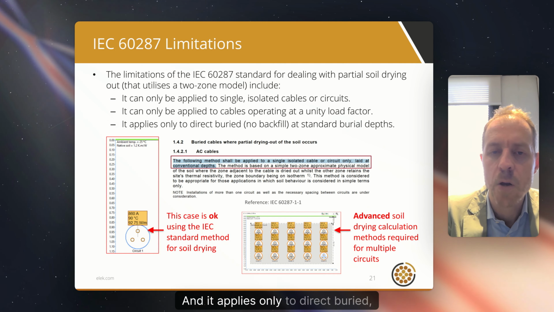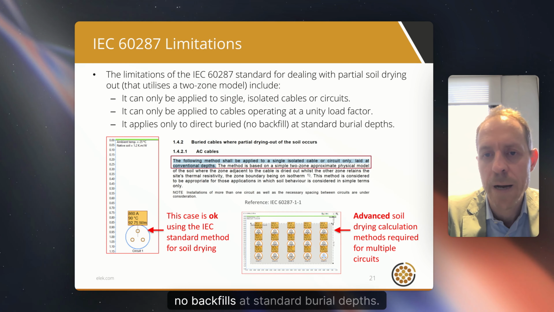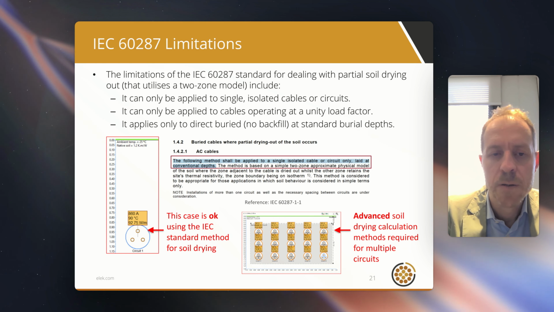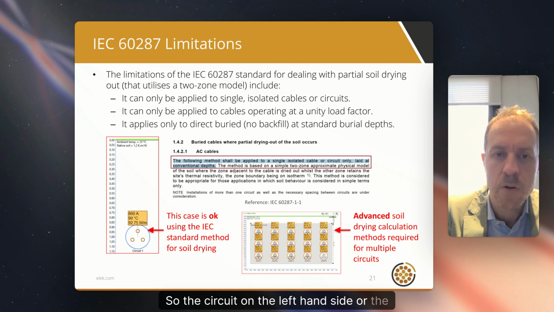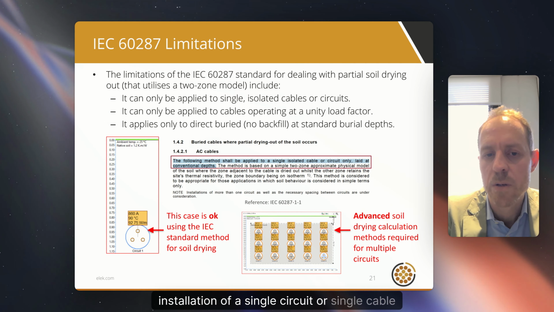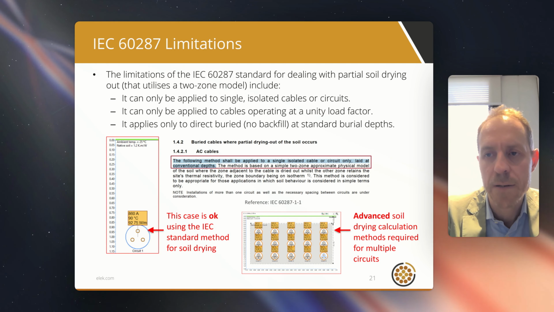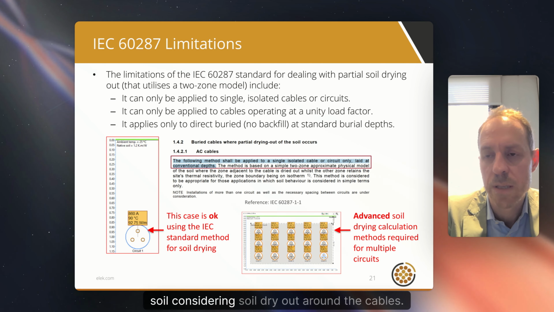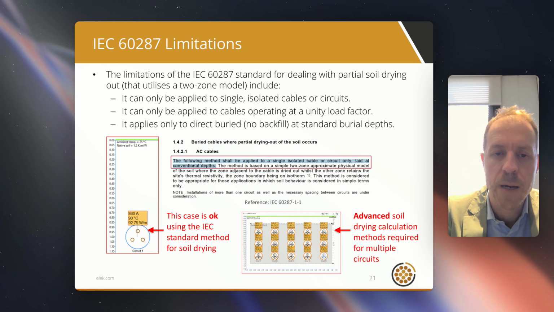And it applies only to direct buried cables, no backfills, at standard burial depths. So the installation of a single circuit or a single cable on the left-hand side is okay to deal with using the IEC method for considering soil dryout around the cables.